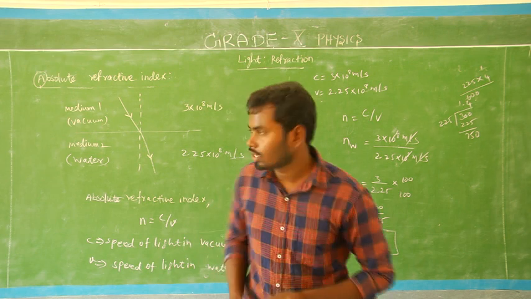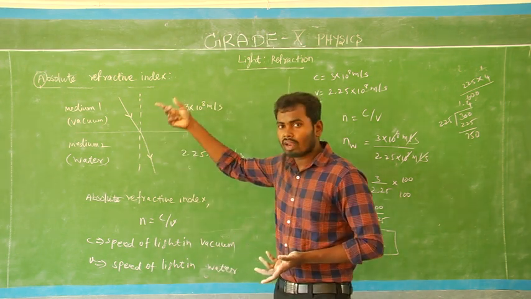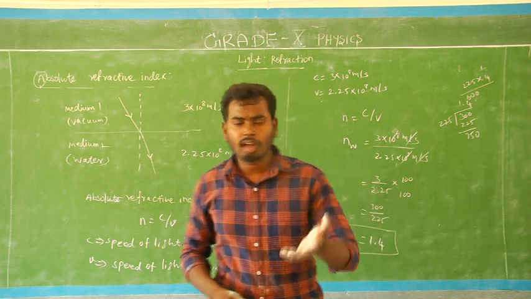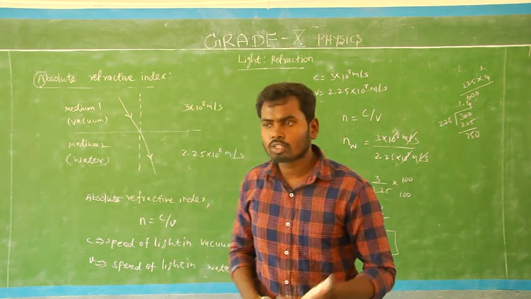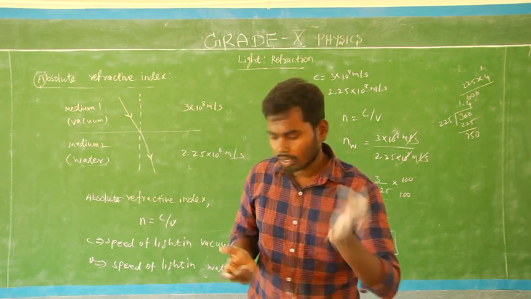Why? Because light goes from vacuum. When light goes from vacuum into another medium, light speed automatically slows down. So if the light speed slows down, the n value should be greater than 1, isn't it? Okay.